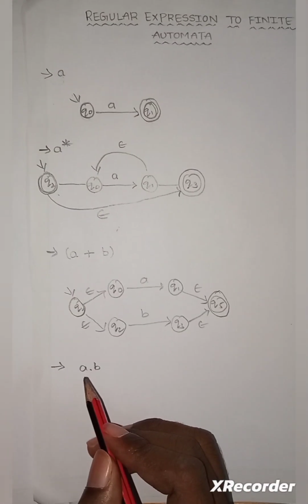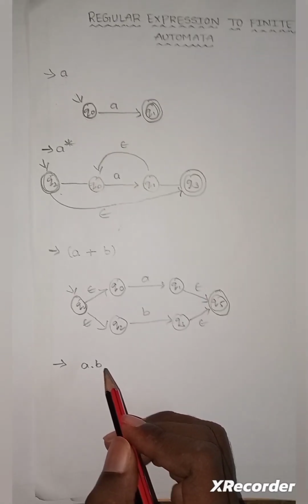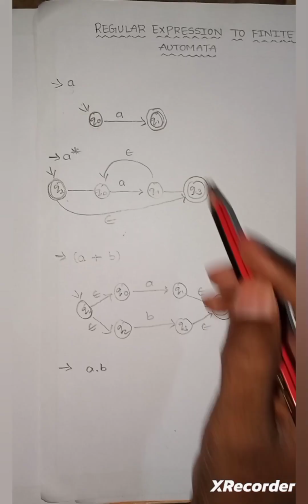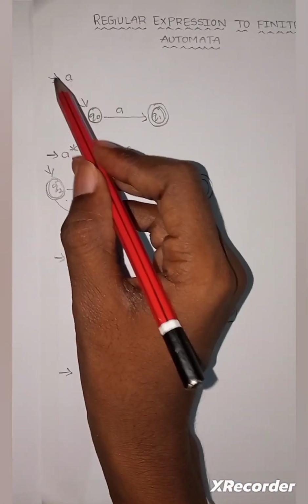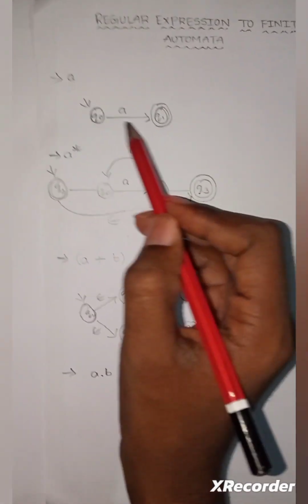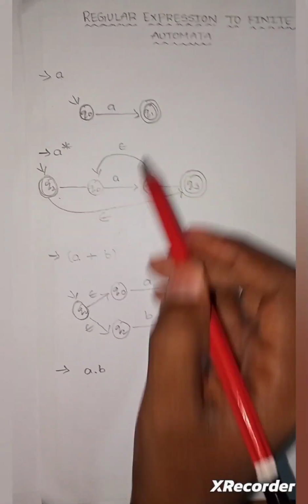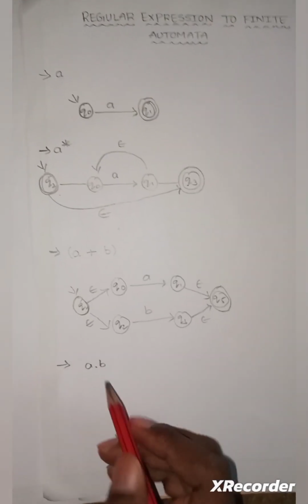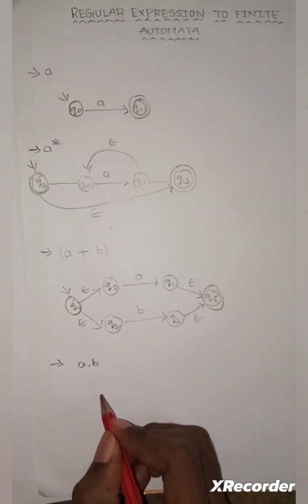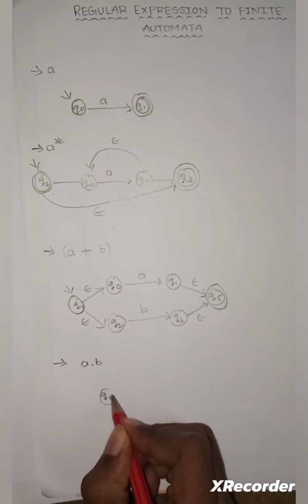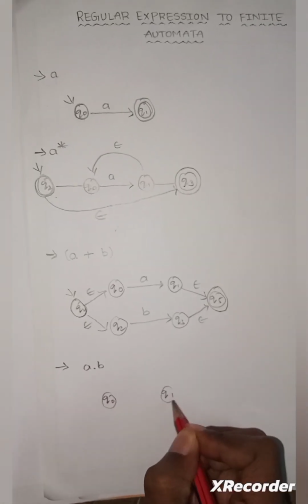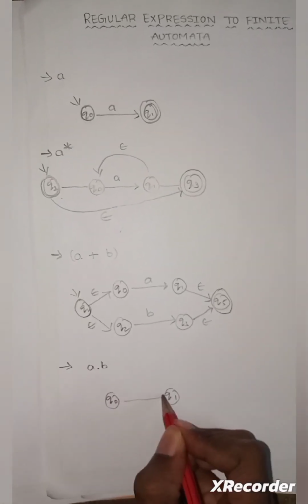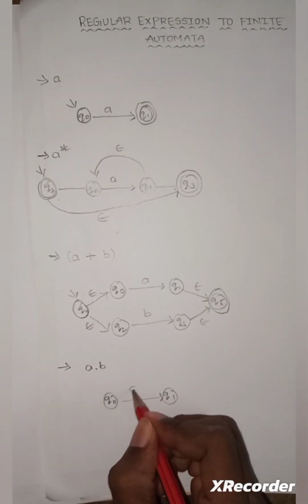Now let us consider converting the A dot B regular expression to finite automata. So in the first problem, as we were converting regular expression A to finite automata, we had taken two states. So here also we need to take two states for A and two states for B. So let the states be Q0 and Q1, which will be connected by input symbol A, right?